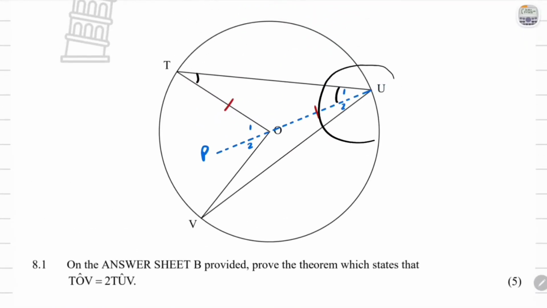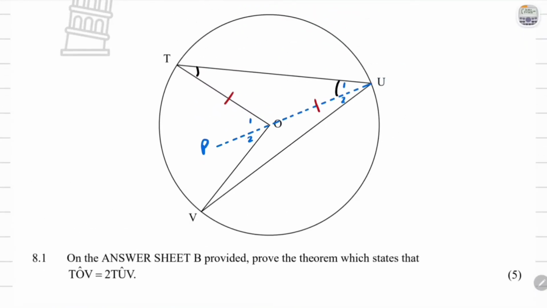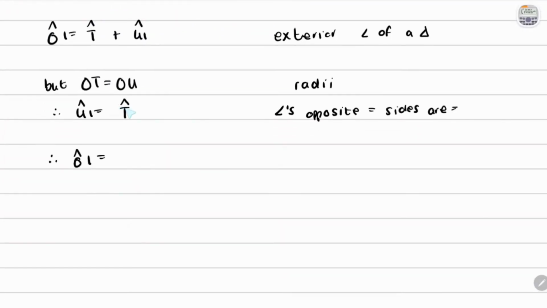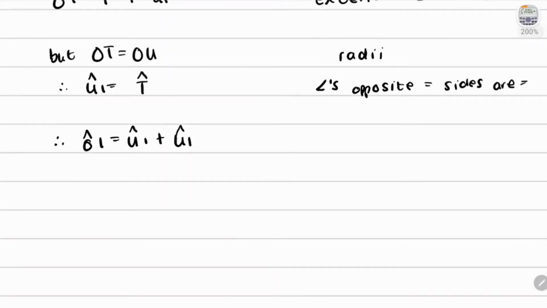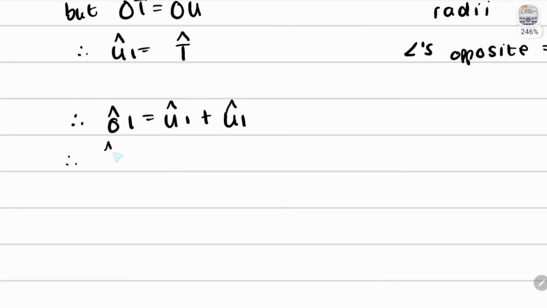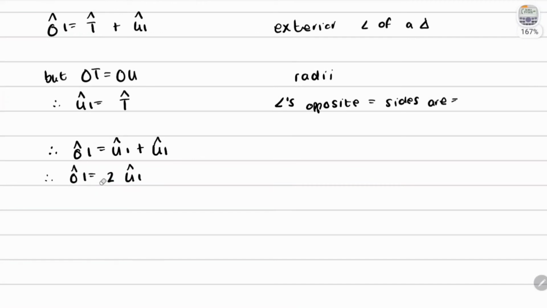They're focusing on this part, not the T. So in place of angle T here, we can replace that with angle U1 since they are equal. So I'm saying angle U1 plus angle U1, and if you simplify that, angle O1 is equal to 2 times angle U1. Okay, so that's what we have there.